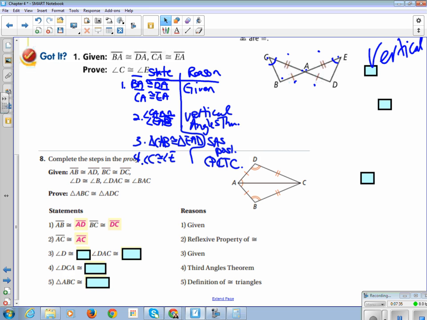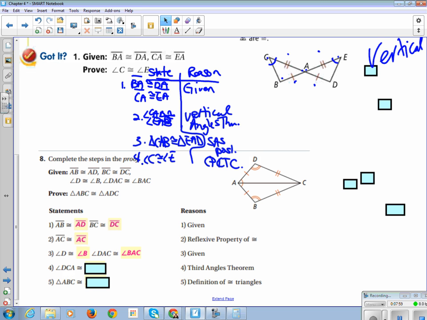We can say angle D is congruent to angle B. And we can say angle DAC is congruent to angle BAC because all that information is given right up here. I promise I didn't sneak it in.